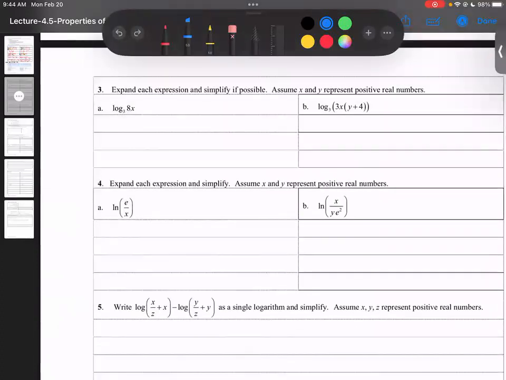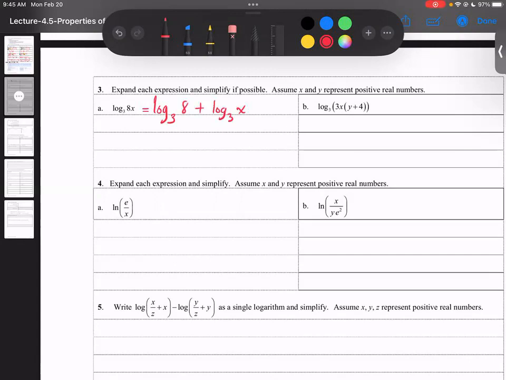Apply. Expand each expression and simplify if possible. So here I have log base 3. Remember, log of a product becomes the sum of logs, right? So log base 3 of 8 times x becomes log base 3 of 8 plus log base 3 of x.